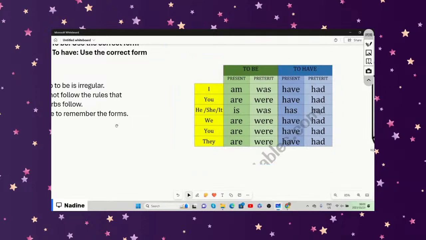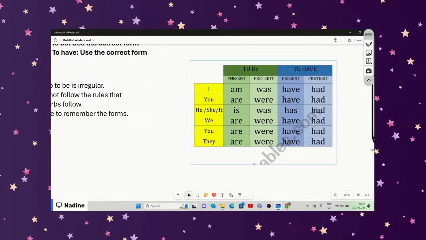If we use the subject he, she, or it, referring to one person or thing, then we say he, she, or it is in the present tense or was in the past tense. Now, if we refer to more than one person, it's plural. Then we say we are in the present tense and we were in the past tense.